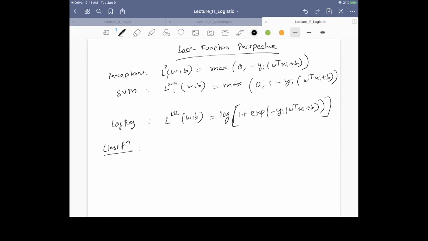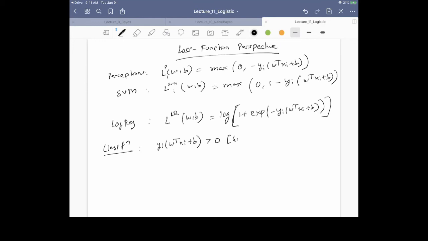In classification, what we want is that if yi multiplied by W transpose xi plus b is greater than 0, that means both y and W transpose x plus b have the same sign, then this is good.